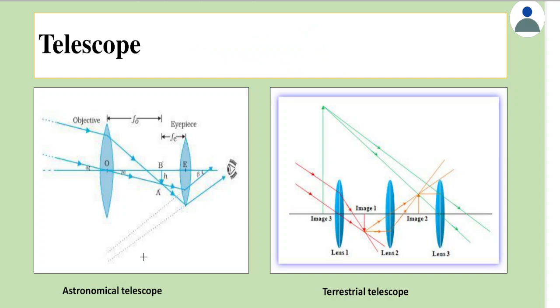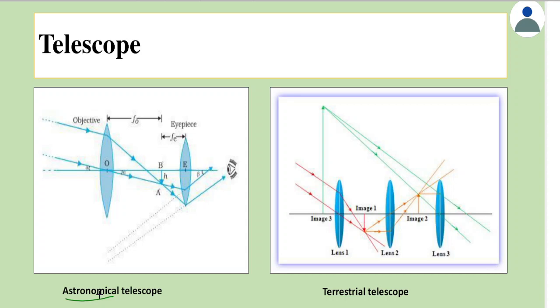And also the telescope what we are talking about here, or a telescope which uses two lenses, is called as an astronomical telescope. This is primarily used to focus on the astronomical objects. But the problem here is, in this telescope, the image what is obtained would be an inverted image.